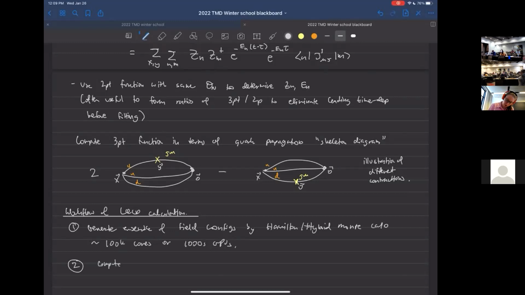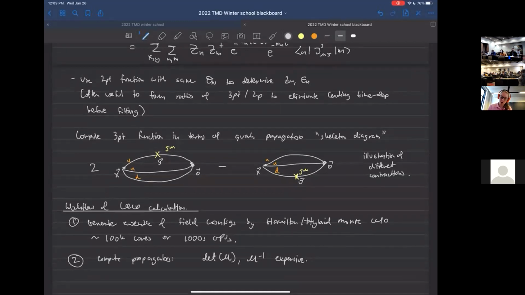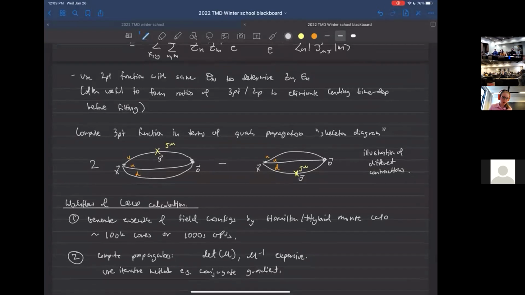Then you compute propagators. Of course, the determinant of the fermion matrix and taking the inverses for the propagators are expensive, so typically you use iterative methods like conjugate gradient. We might talk a little bit more about that later if we have time.